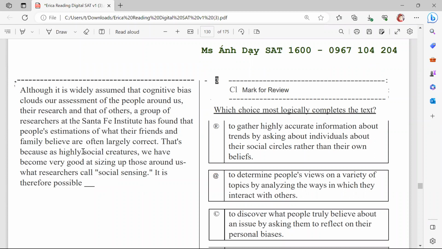Do you experience this feeling, when you read a text, that you cannot understand the exact main idea of it? Yeah, sometimes it happens, right? But definitely you understand some words. Although it is widely assumed that cognitive, do you have any clue what cognitive means? Actually, no.